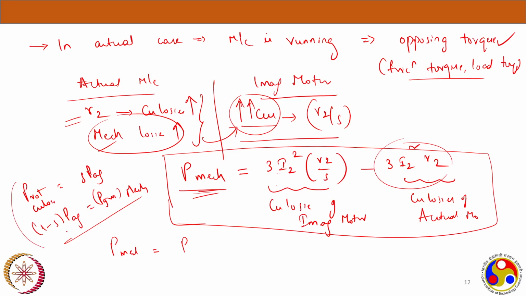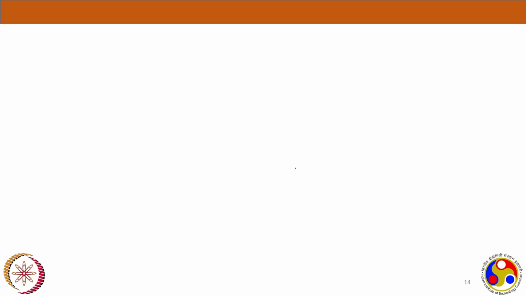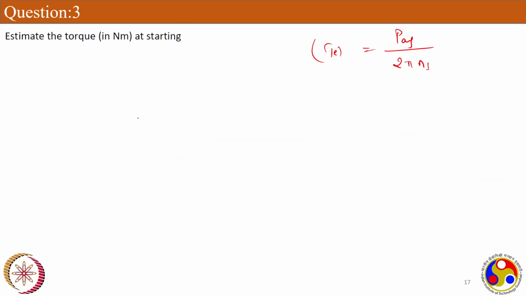So now at standstill conditions, the problem is given. Torque at the starting we need. So S times the air gap power equals P rotor copper loss, and 1 minus S times the air gap power equals P gross mechanical.